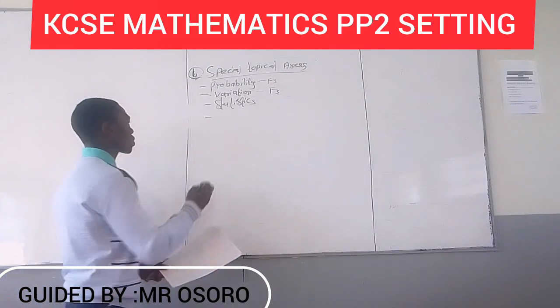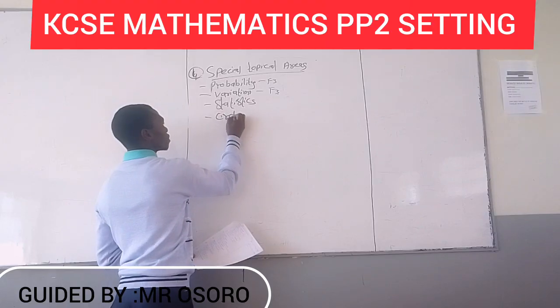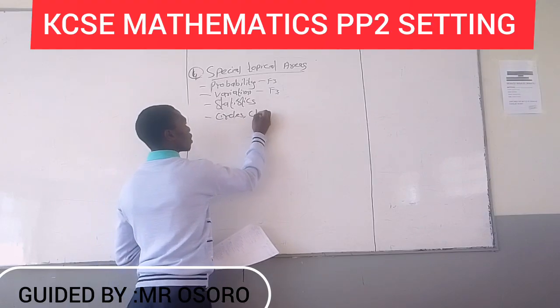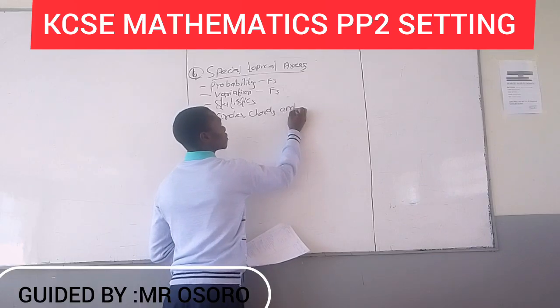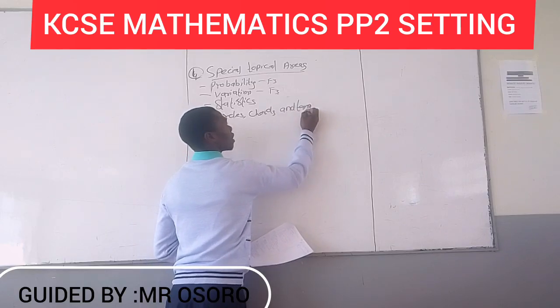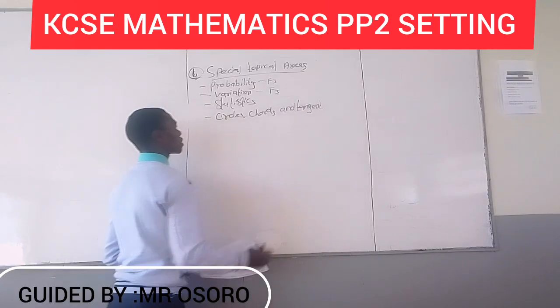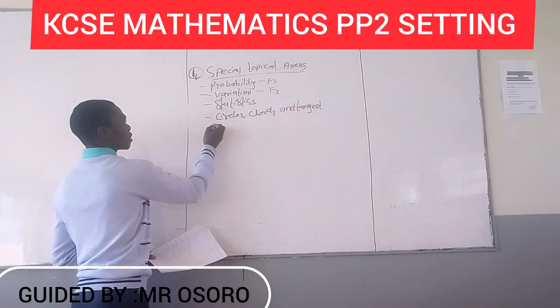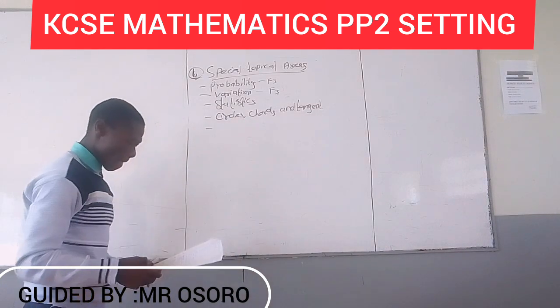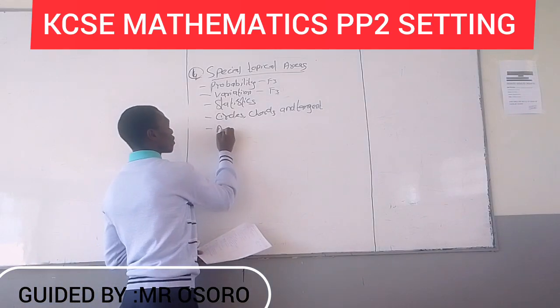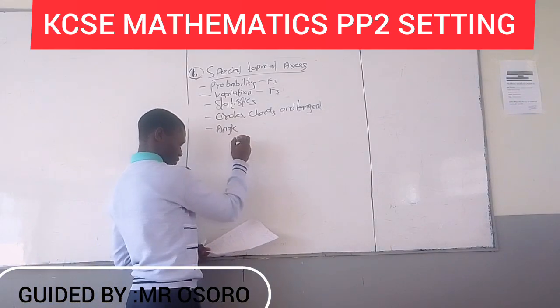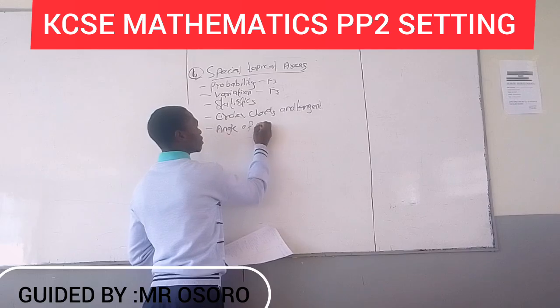Another one is circles, chords, and tangents. They are part of the special topics. Angle property of a circle.